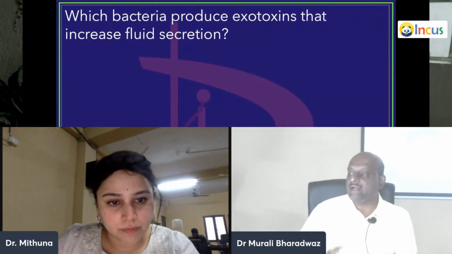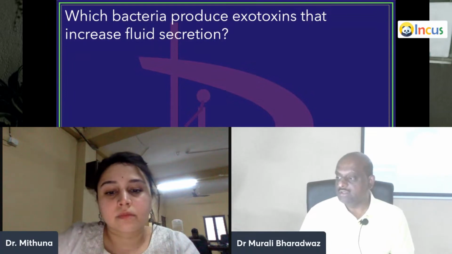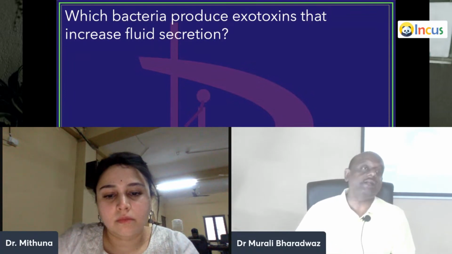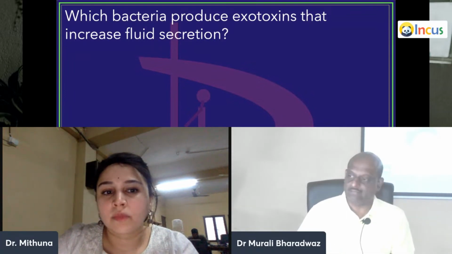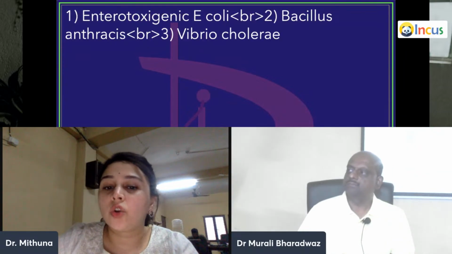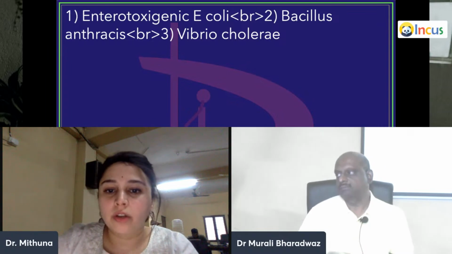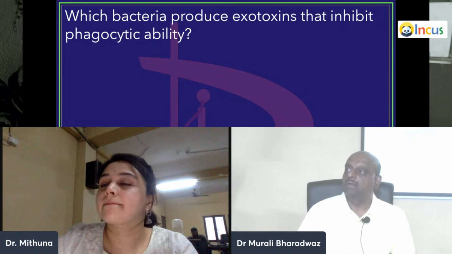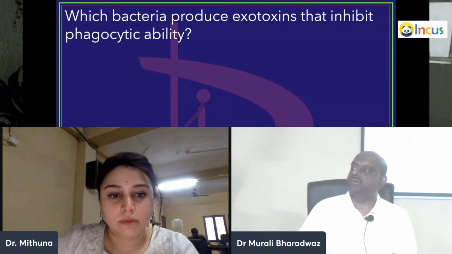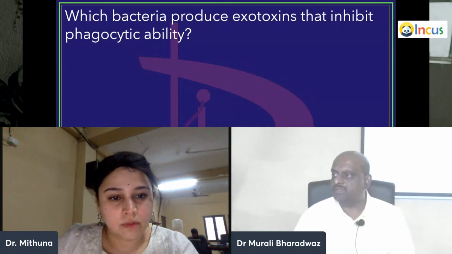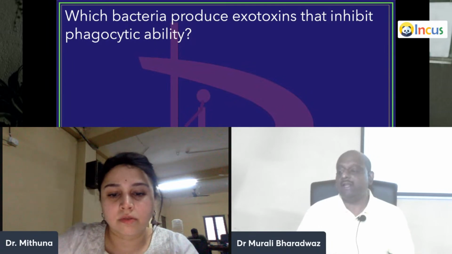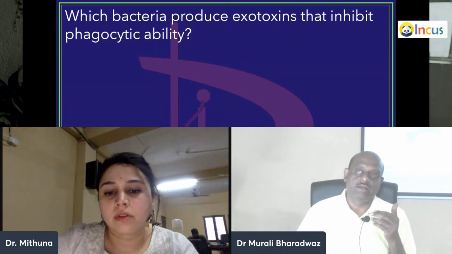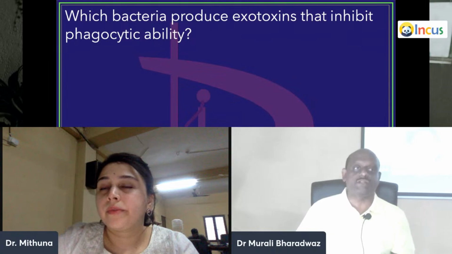What are all the bacteria that produce exotoxins that increase the fluid secretion? It is enterotoxigenic E. coli and anthrax and Vibrio cholerae. Which bacteria produce the exotoxins that inhibit phagocytic ability of the macrophages, our immune system? It's Bordetella pertussis.